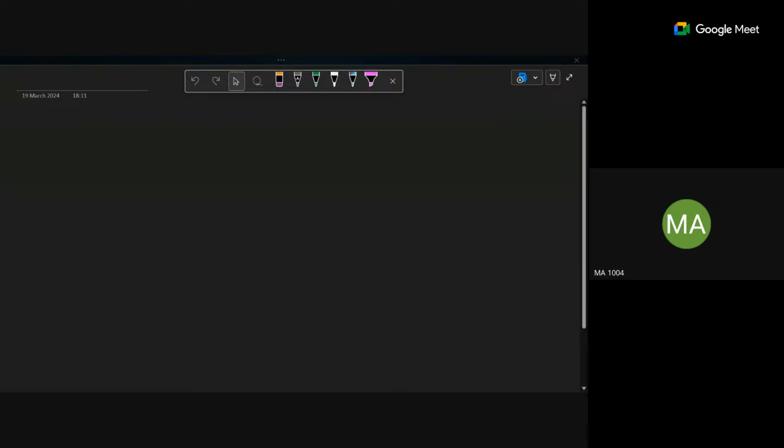There might be values of FZ given at the top, right? No, ma'am, it's not given. Okay, then you have to check it from the normal table. When is the last date? Tomorrow, ma'am. Okay. Do you know how to calculate the value of FZ from the normal table? No, ma'am.